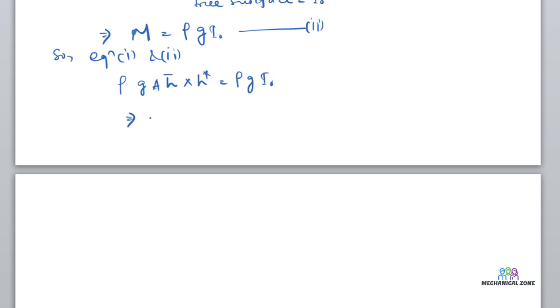We can easily write h star is equal to, rho g will be cancelled with each other, I0 by A h bar, and I0 is the moment of inertia of the area about the free surface. So I can write I0 as Ig plus A h bar square as per the parallel axis theorem.